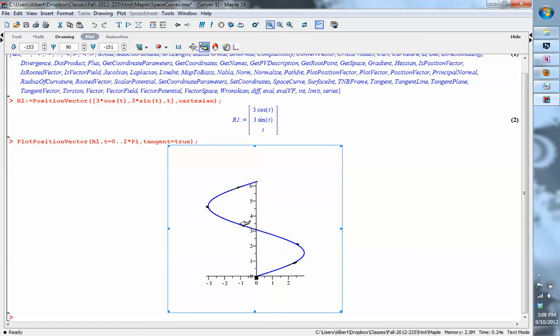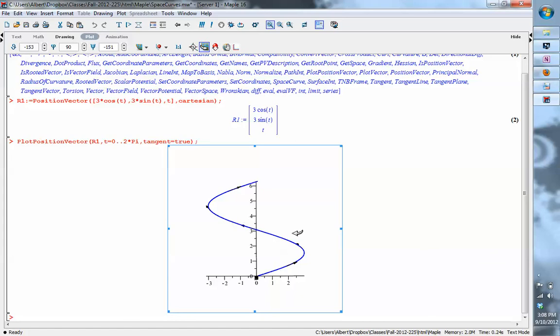Well, did we decide that this was sine or cosine? Sine. That's a hint. This is YZ. Okay, because in YZ, it just looks like the sine function.